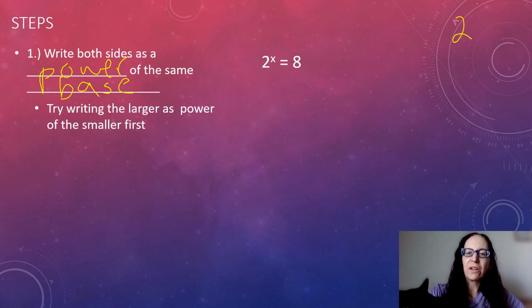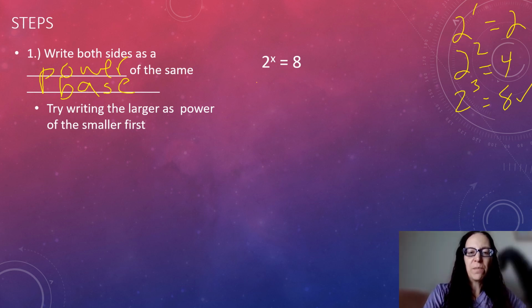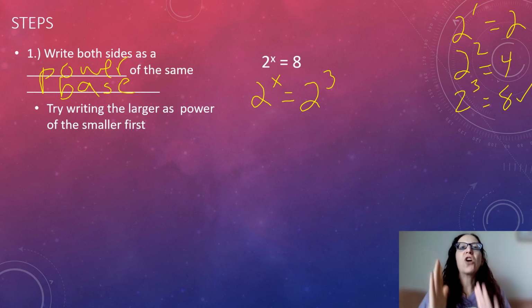So you would just do like, okay, 2 to the first is 2, 2 squared is 4, 2 to the third is 8. We have a winner. And so the smaller number we would keep the same, 2 to the x, and then we would replace 8 with 2 to the third.